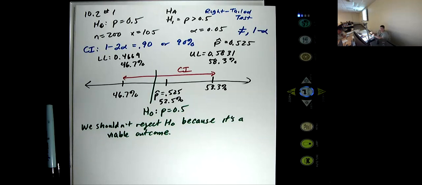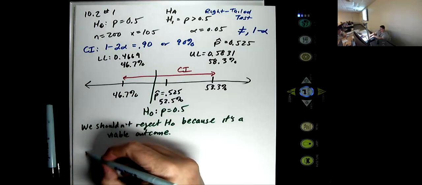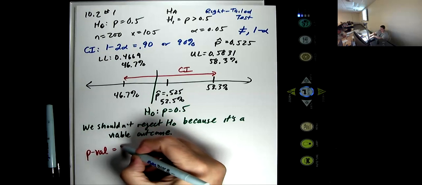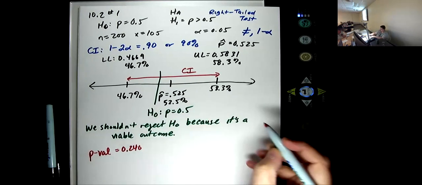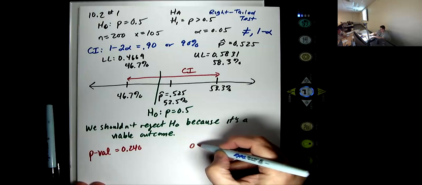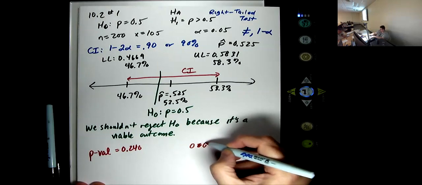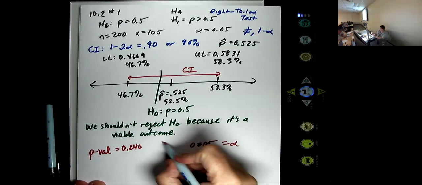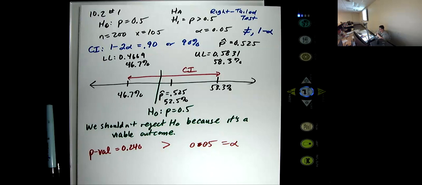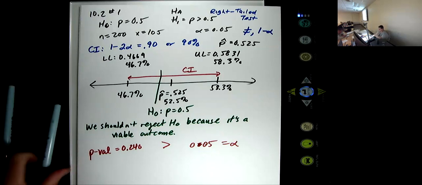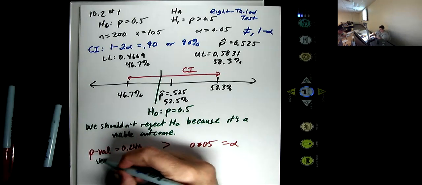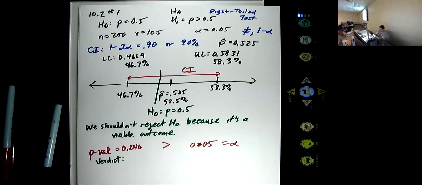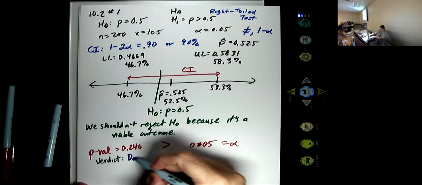Our p-value that we got said 0.240. When we compare that with alpha, the p-value is larger. So our verdict would be do not reject H naught.